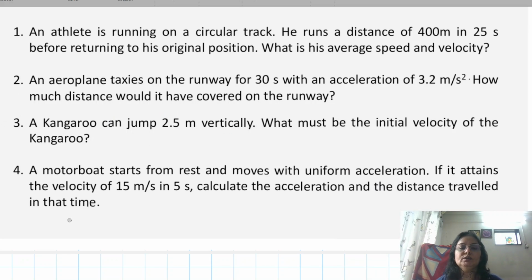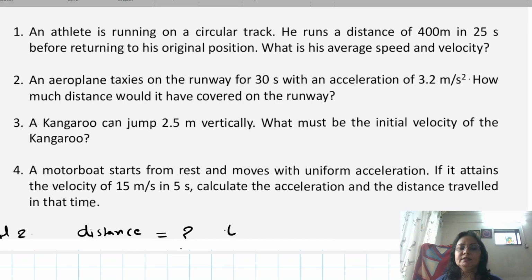An aeroplane taxis on the runway for 30 seconds with an acceleration of 3.2 meter per second square. How much distance would it have covered on the runway? So here the distance travelled, S, is equal to the question.